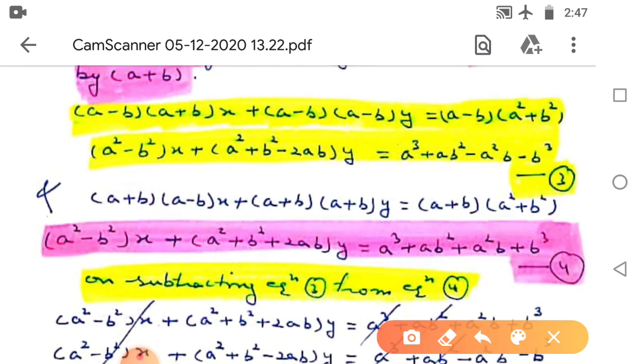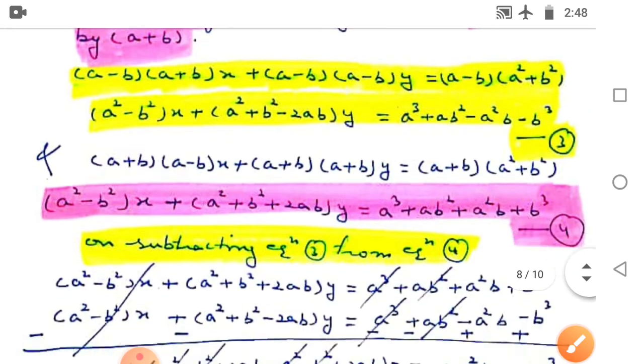When you multiply this with a minus b, a plus b into a minus b is a square minus b square, and a minus b into a minus b is a minus b whole square, which you can write as a square plus b square minus 2ab. And when you multiply a minus b into a square plus b square, we get a cube plus ab square minus a square b minus b cube. So this is equation number 3, right?